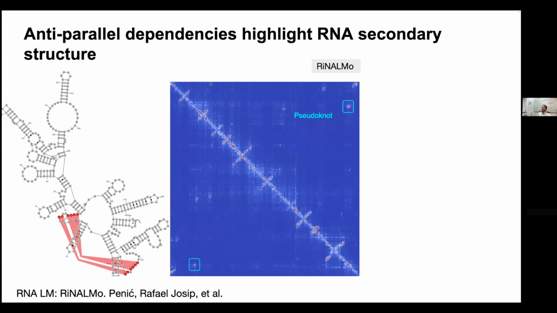We find that the dependency maps are already highlighting essentially the contact maps of these structures, and even very complex structures like this one, which include not only the classical stem loop contacts, but also non-nested contacts such as pseudoknots, which are known to be hard to model computationally.